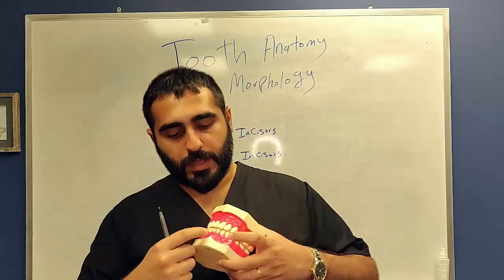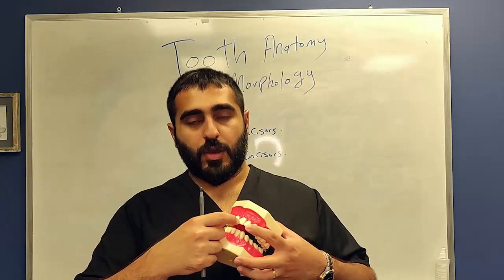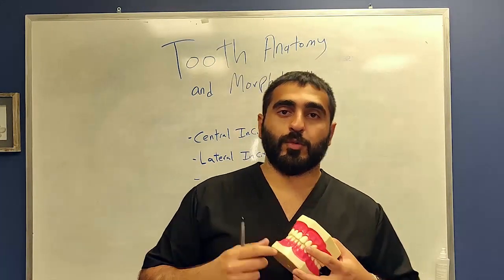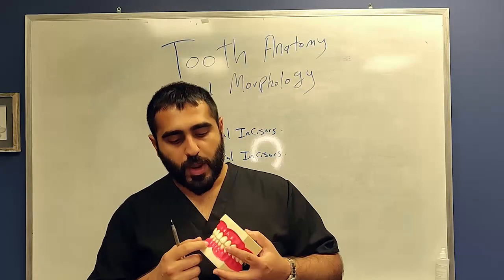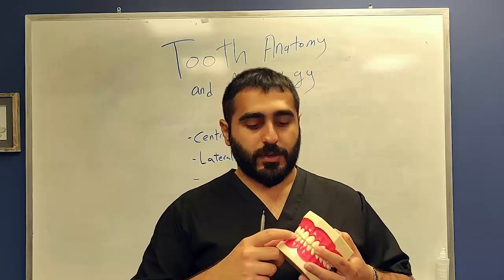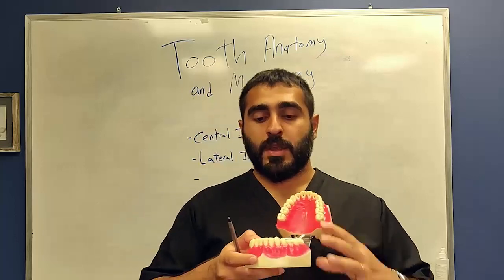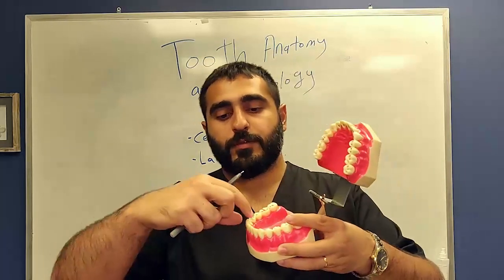Now, before I talk about the canine, the incisors in general are used mostly for cutting our food. The canines are mostly used for tearing. And canines are also called cuspids because they're made of single cusps.